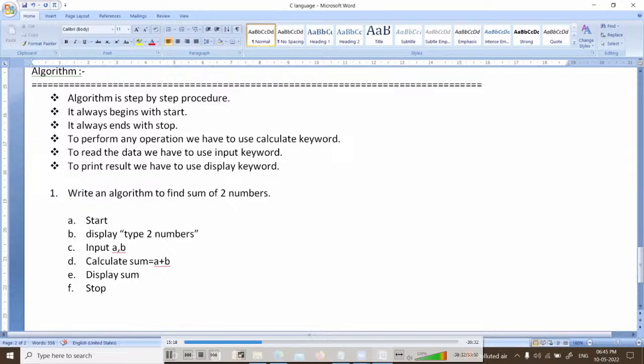But float maintains only 6 precisions. See this, 3 and 3, 6 precisions. Whereas double maintains 10 precisions: 1, 2, 3, 4, 5, 6, 7, 8, 9, 10.